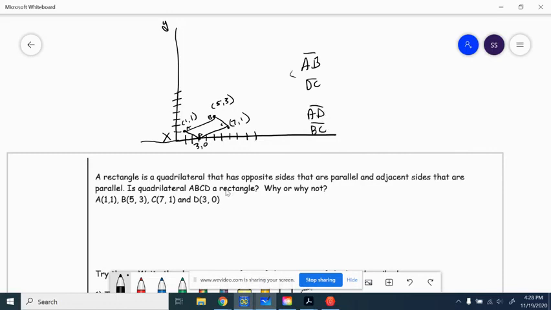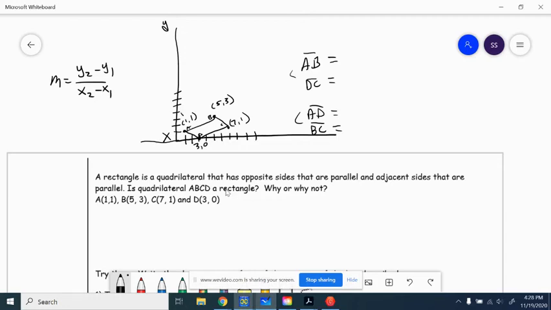So both of these need to be parallel. So let's just figure out our m values for each of these, and we can determine whether or not this is a parallelogram. So what we're going to do is use our formula to find slope, which is y2 minus y1 over x2 minus x1.